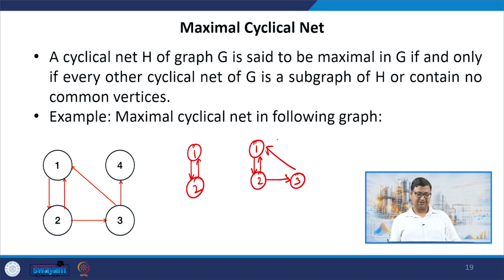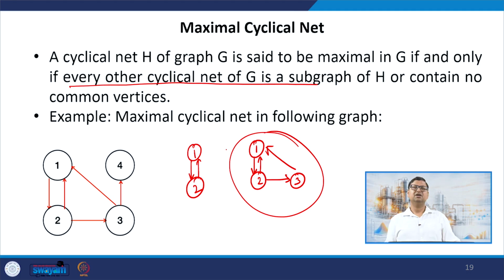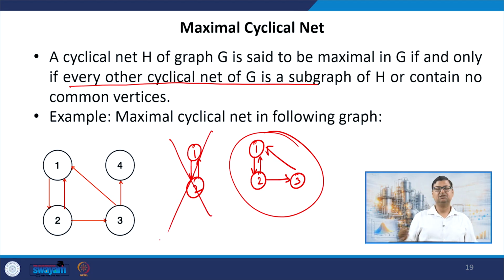Now I ask, is every other cyclical net a subgraph of H? So 1, 2, I cannot define as maximal because the other one, 1, 2, 3, is not its subgraph. In fact, 1, 2 is a subgraph of 1, 2, 3. So this clearly cannot be maximal because every other cyclical net is not its subgraph. And in fact, it also does not meet the other condition, that it contains no common vertices.